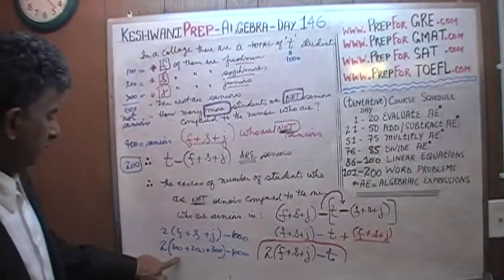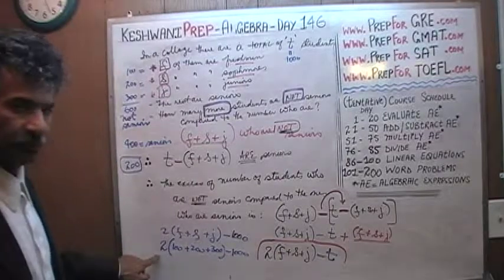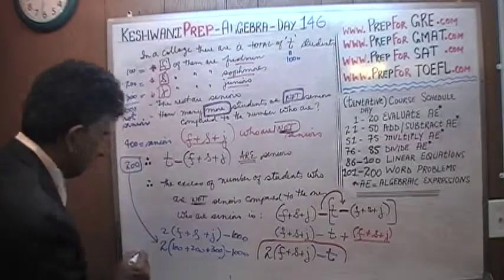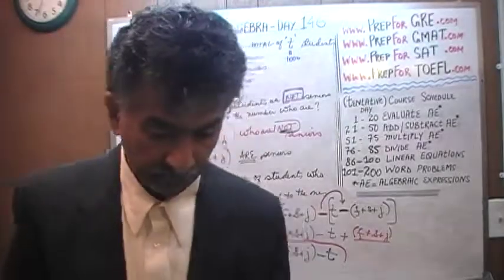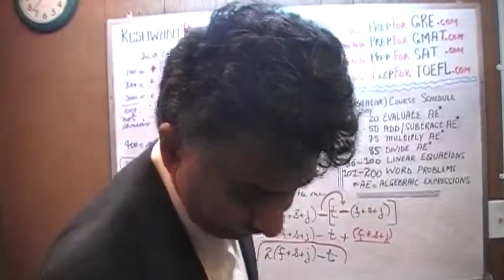Again, one more time. 100 plus 200 is 300, 300 plus 300 is 600, 600 times 2 is 1200, 1200 minus 1000 will give us the 200 that we knew should be the answer based on the numbers that we plugged in. That's it. So it is the right answer.